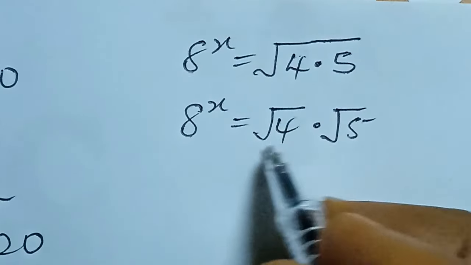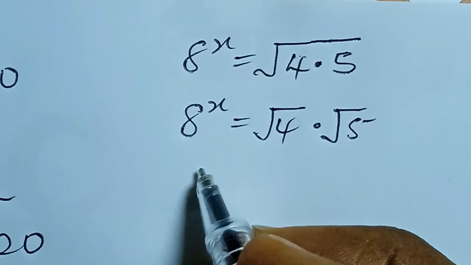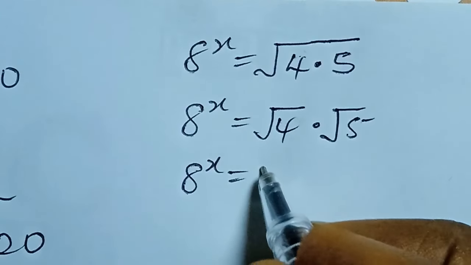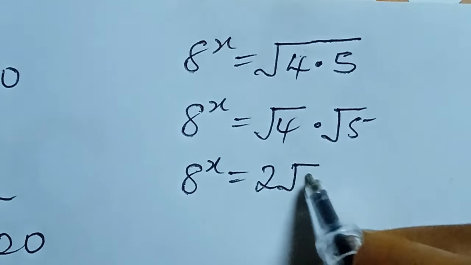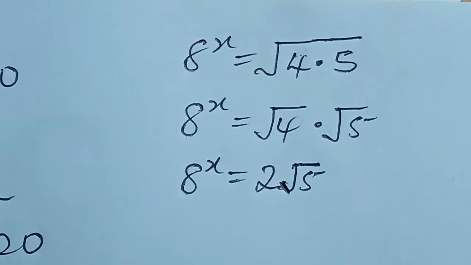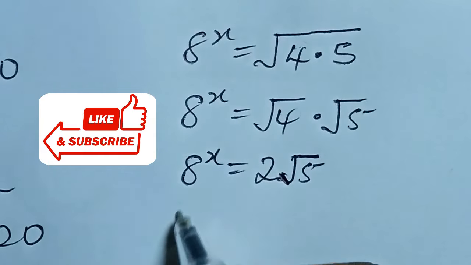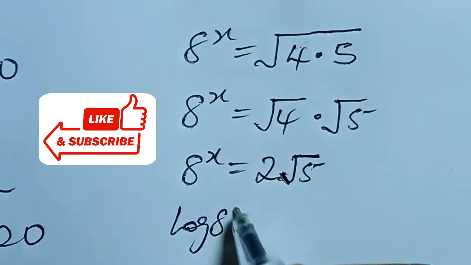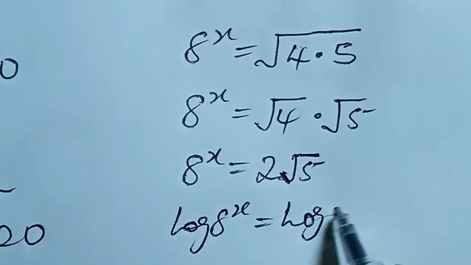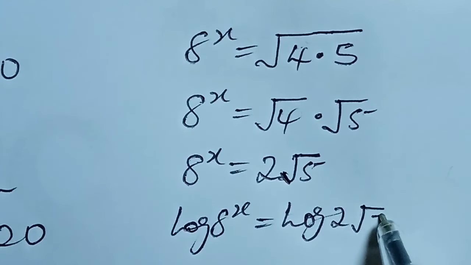So here, square root of 4 is equal to 2. We have 8 to the power of x equal to 2 square root of 5. Now from here, we can take the log of both sides. We have log 8 to the power of x equal to log 2 square root of 5.